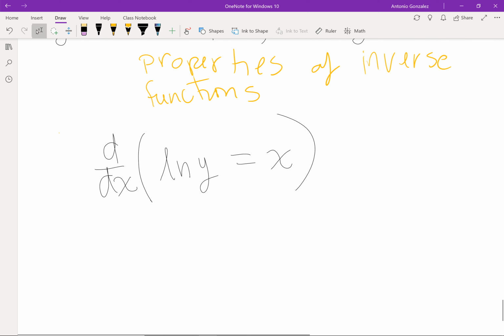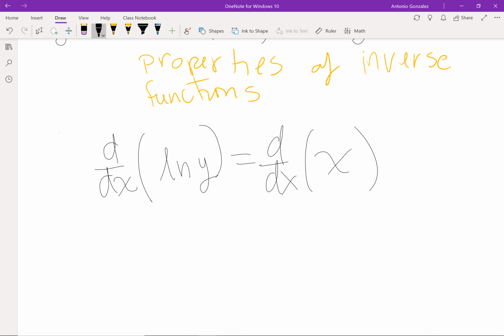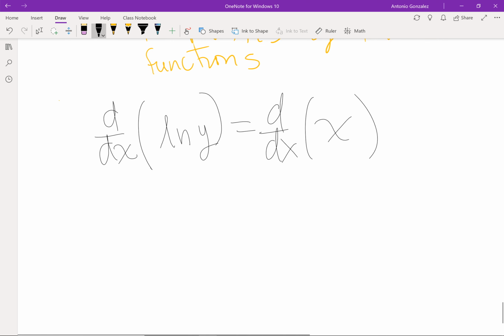Remember, y is a function of x, so we use implicit differentiation, where we say 1 over y times dy/dx.